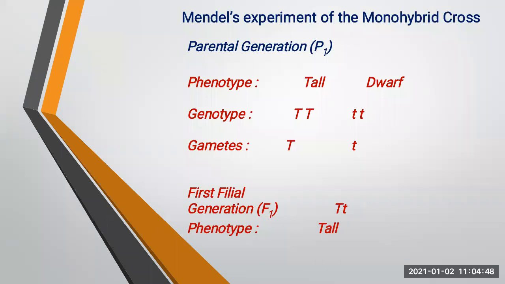So, first filial generation phenotype. When he has done the cross, the gametes were capital T and small t, so those combined, and he has found that in the next generation, all the plants were tall, right?